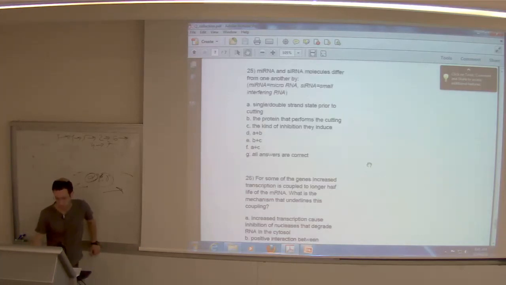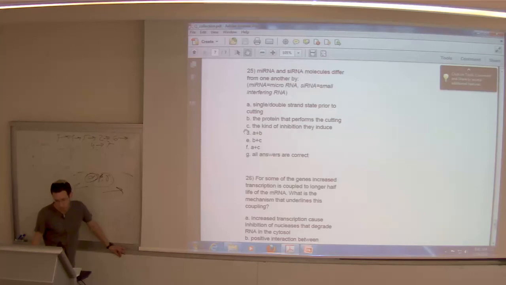Okay, microRNA and siRNA molecules differ from one another by A and C. A is the fact that they are in a single or double strand state prior to the cleavage, prior to the cutting.